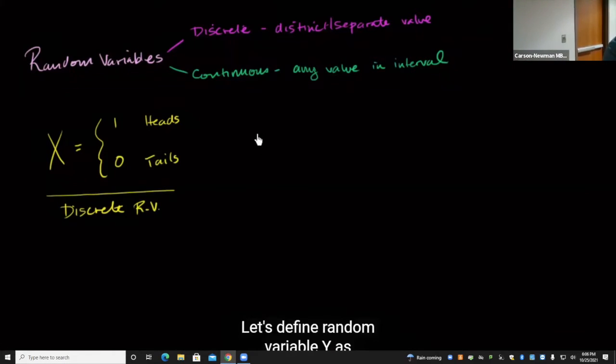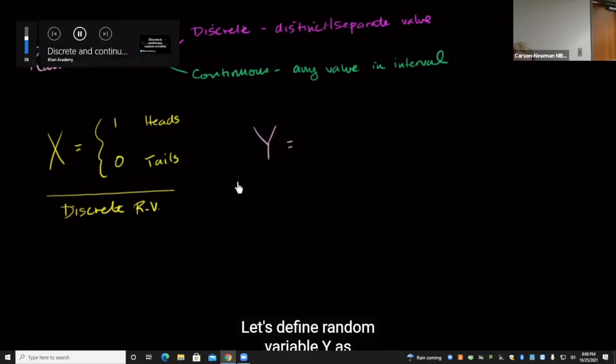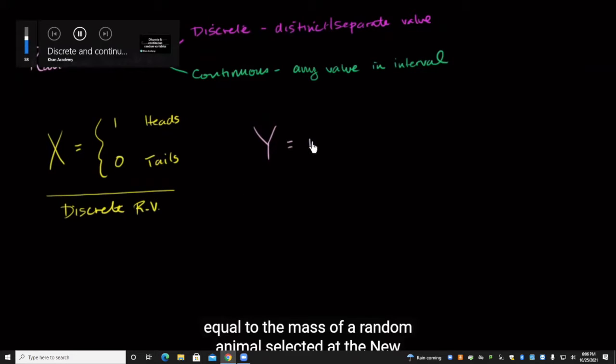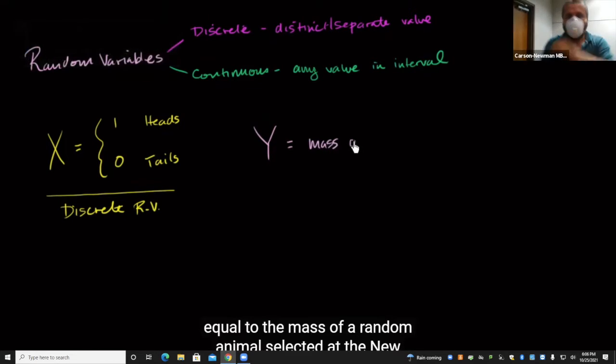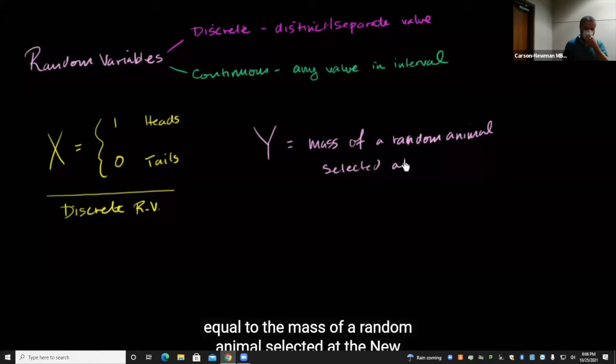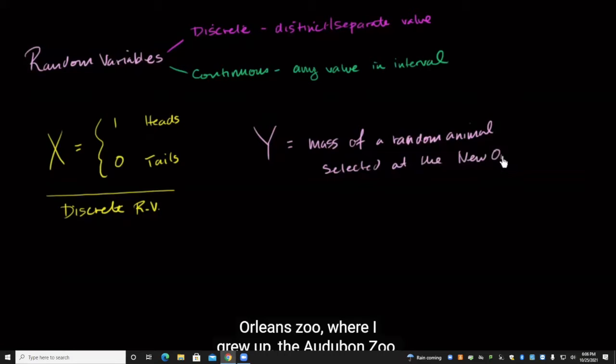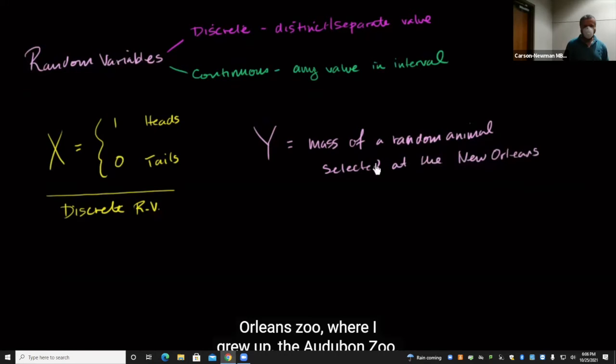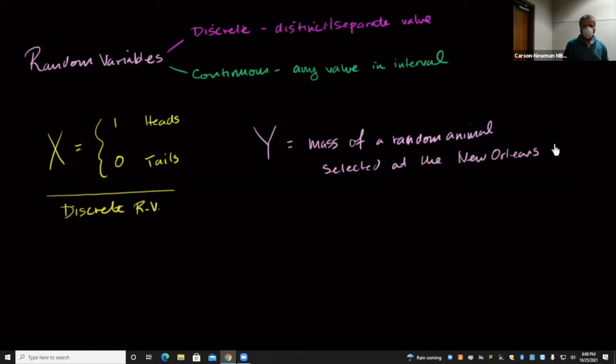Let's define random variable Y as equal to the mass of a random animal selected at the New Orleans Zoo, where I grew up, the Audubon Zoo.